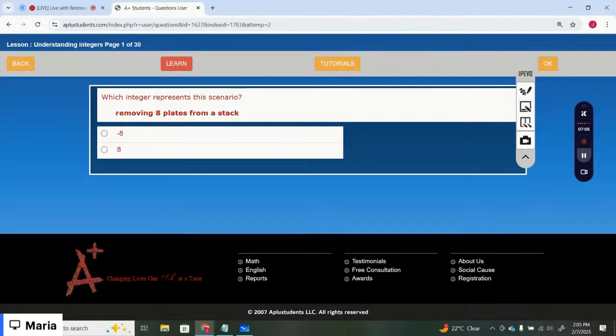So again, removing is a loss or decrease, so that would be represented by the negative number.